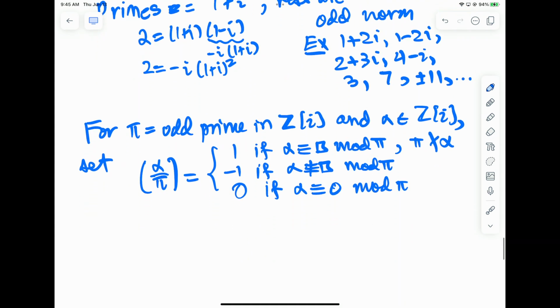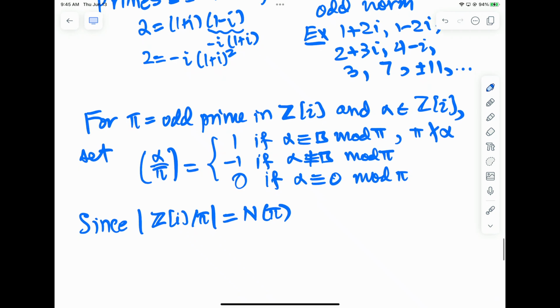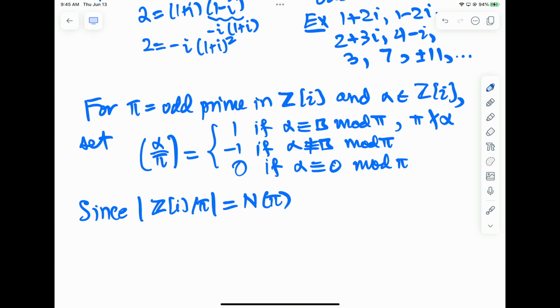And then we have analogs of Euler's congruence. Maybe I should say here, because the size of Z bracket i mod pi is the norm of pi, there is an important combinatorial meaning to the norm: it's the size of that ring. We have an analog of Euler's congruence.